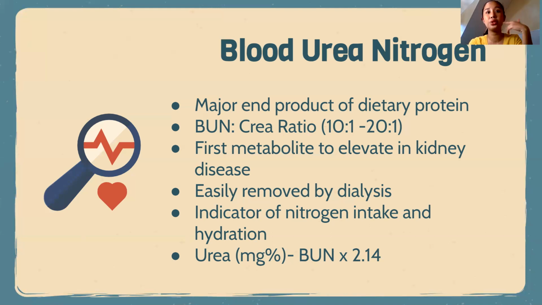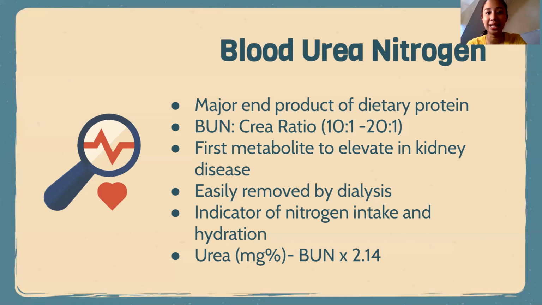That is the downside of BUN: if protein intake is high, the BUN can also increase. If protein intake is low, the BUN is also low. So it's not only influenced by kidney disease, but also diet. But class, in a clinical setting, when BUN is high, it's usually because of actual kidney disease.